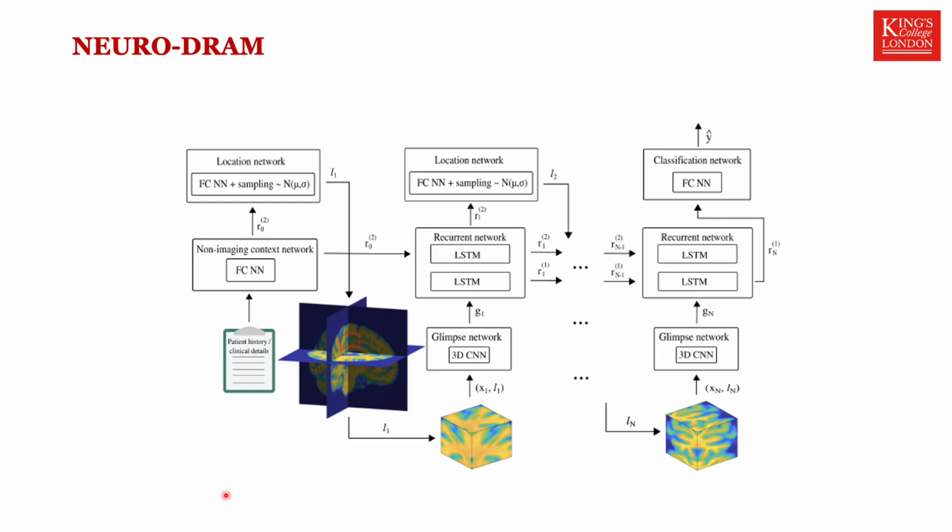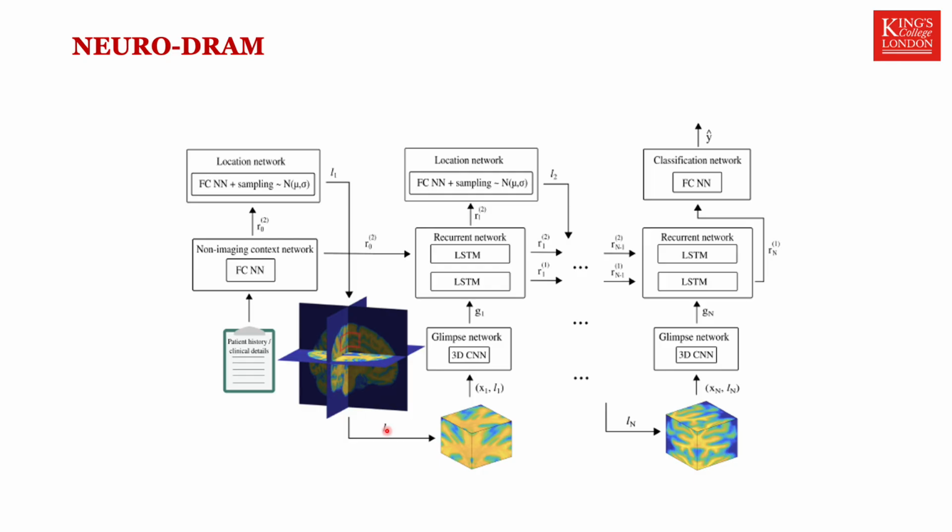For example, we might want to use the patient history or some clinical details: that they are male, of a specific age, of a specific height, maybe BMI, any clinical information that might be of relevance about the patient. This information is fed into a neural network, and this network allows you to say, okay, given this information that I've seen so far, this is the part of the brain that you should be looking at.